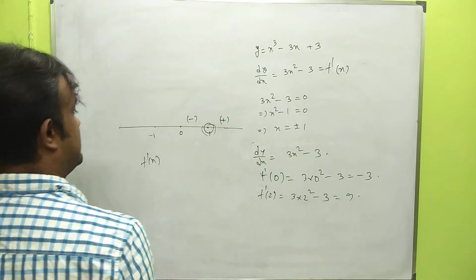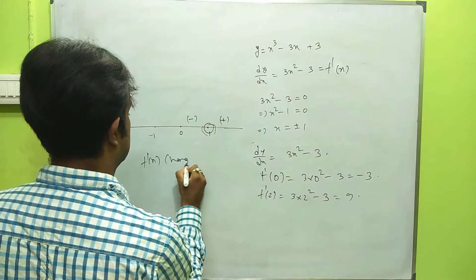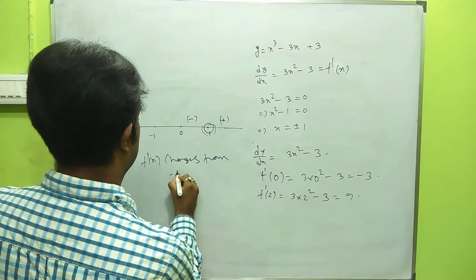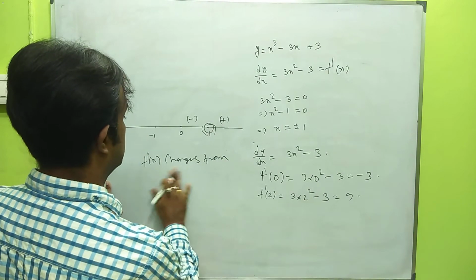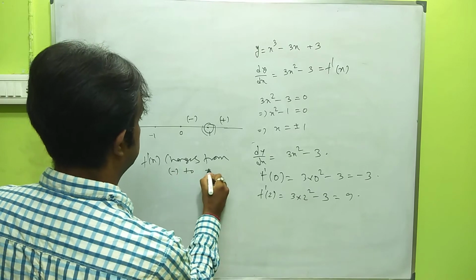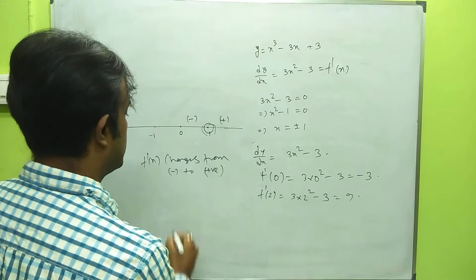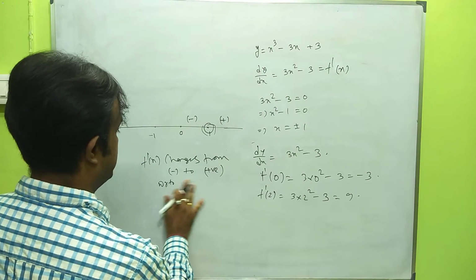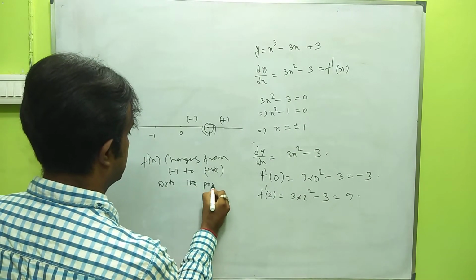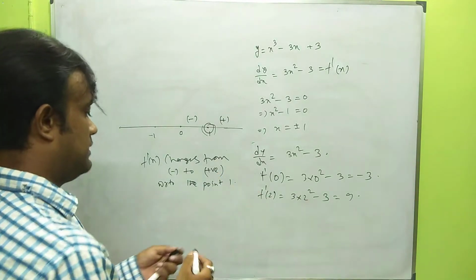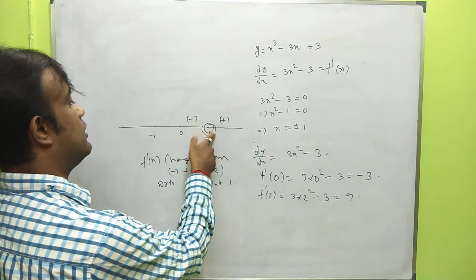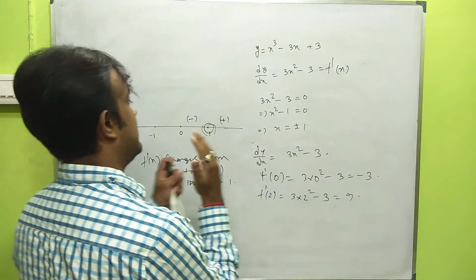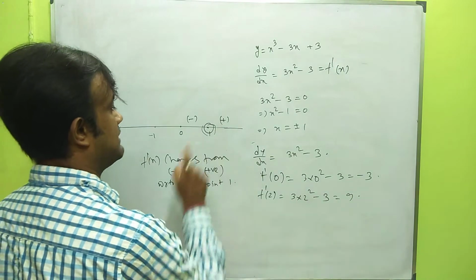So the sign of f'(x) changes from minus to positive with respect to the point 1. That is, in the left hand side of the point 1, the sign of f'(x) is negative and the right side of the point 1, f'(x) is positive.